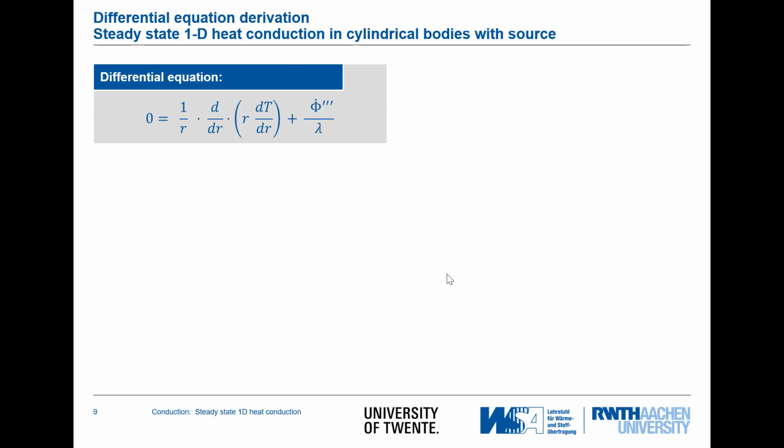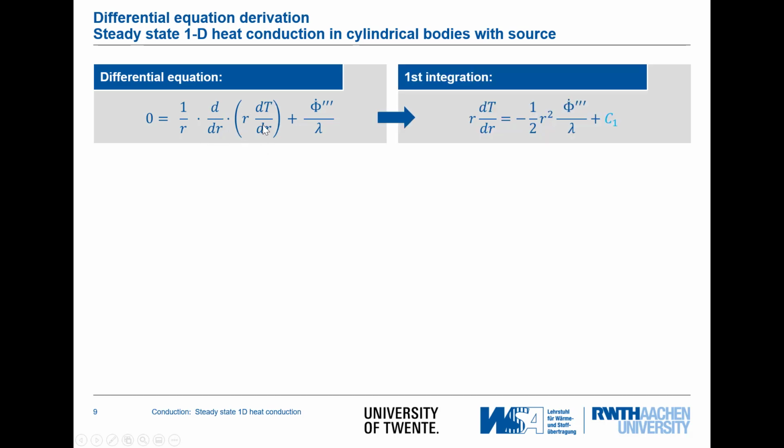Now let's try to solve the differential equation. I've written the differential equation here again, but notice I have not separated this d/dr by separating the radius and the dT/dr. This is not a really smart step because it complicates the derivation of the equation, and thus we stick here with this d/dr of r dT/dr.